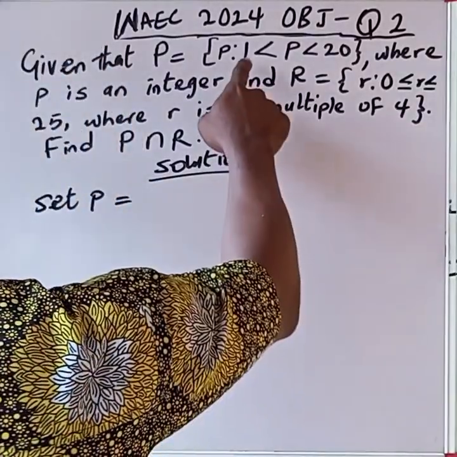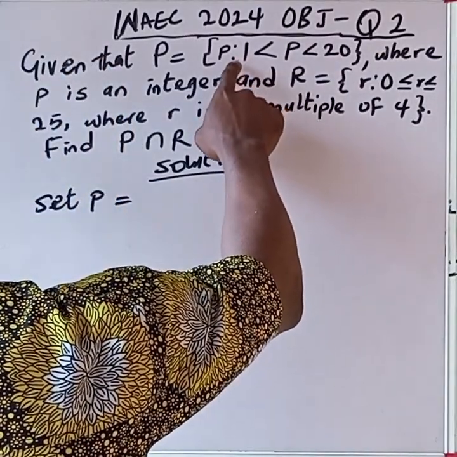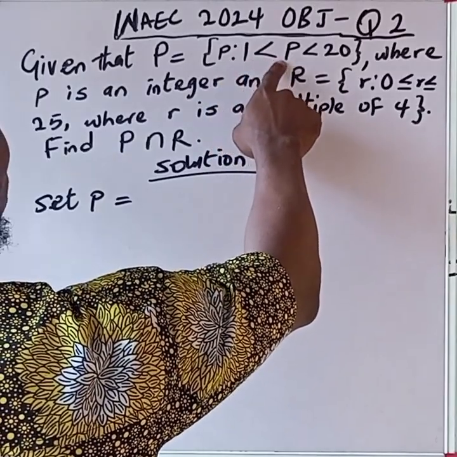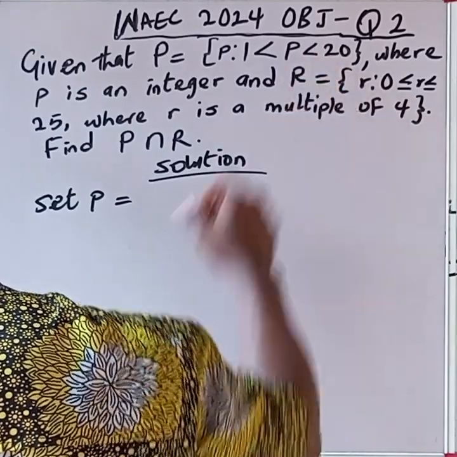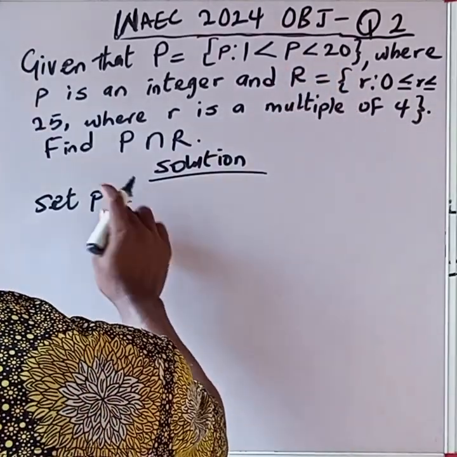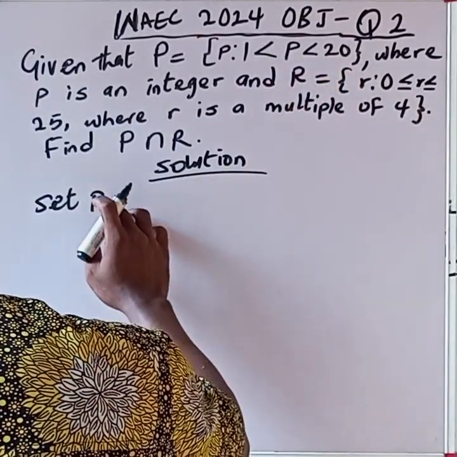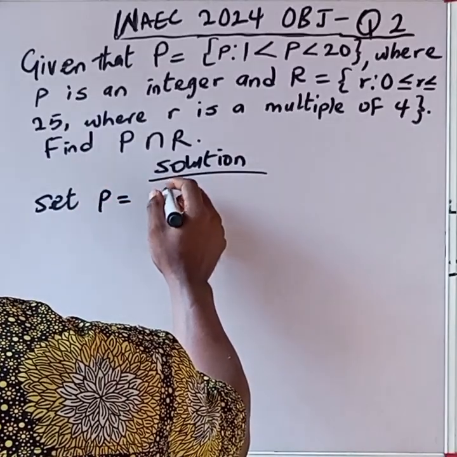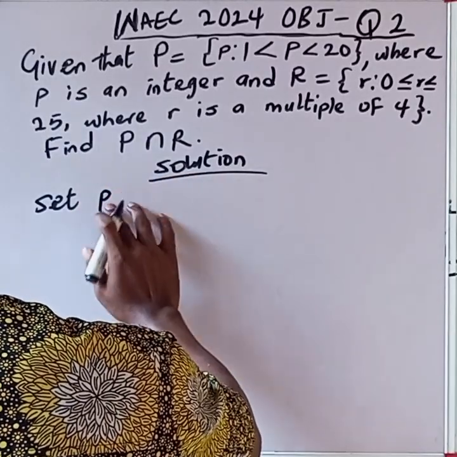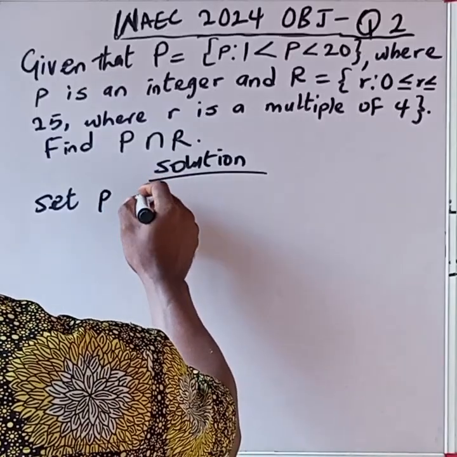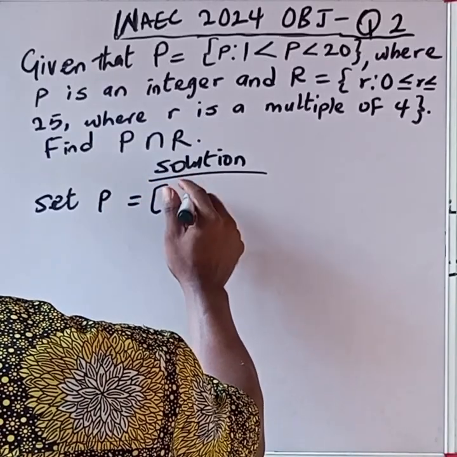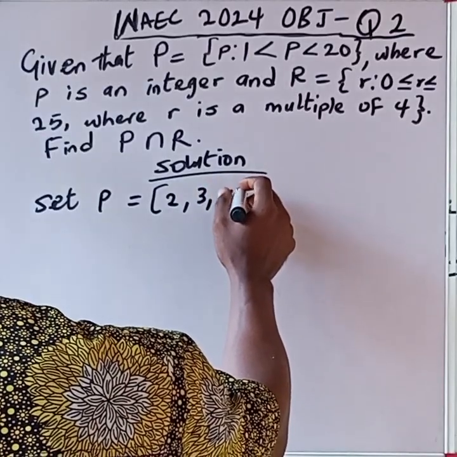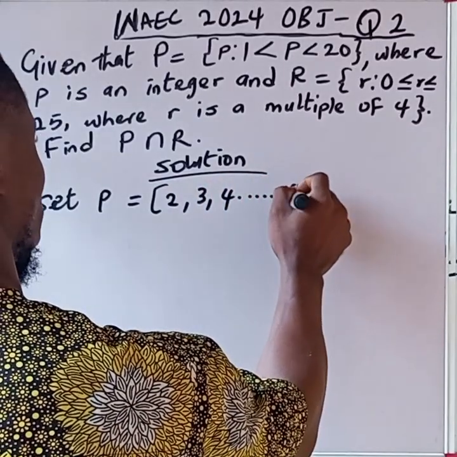it says where P is 1 less than P less than 20. So we are going to have set P, where P is equals to, our P now will be equals to what? 2, 3, 4, up to 19.